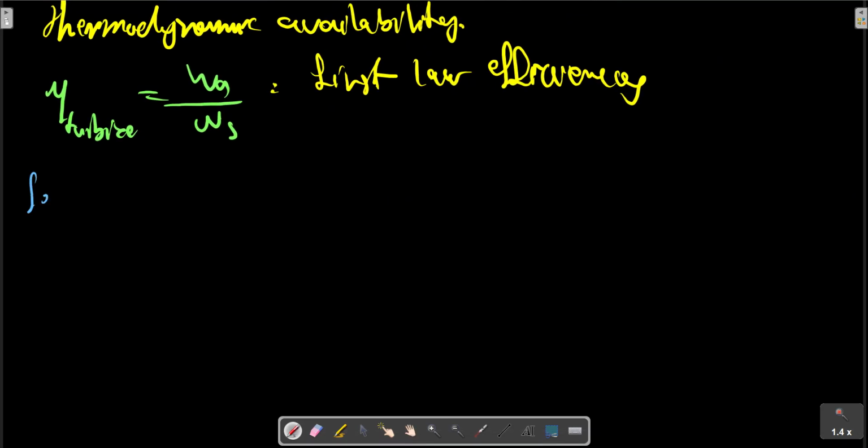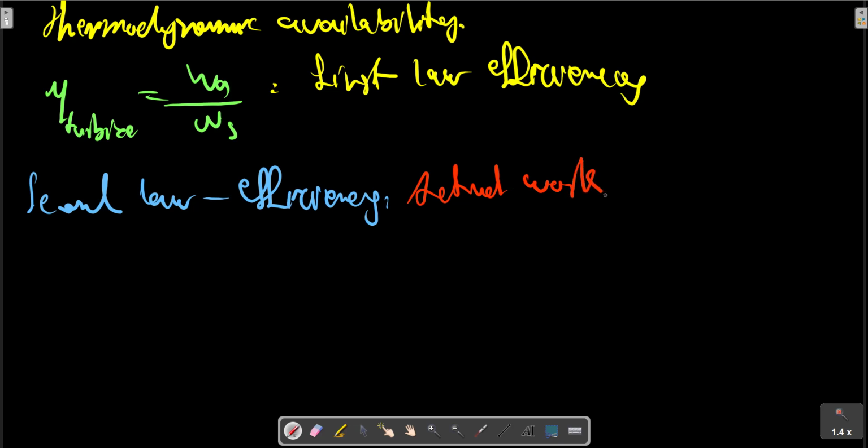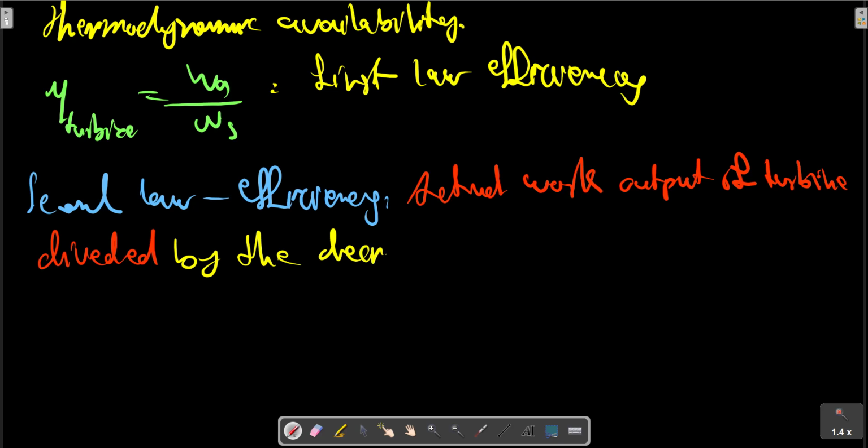For the second law efficiency, we have the actual work output of the turbine divided by the decrease in availability from the same inlet state to the same exit state.